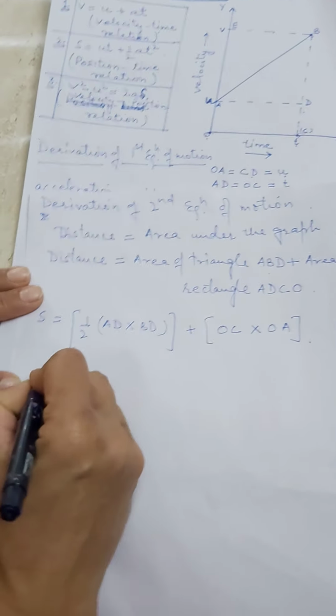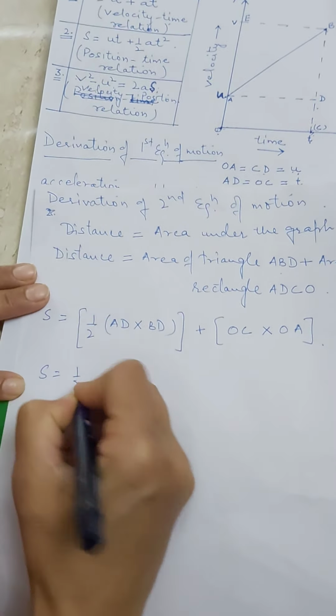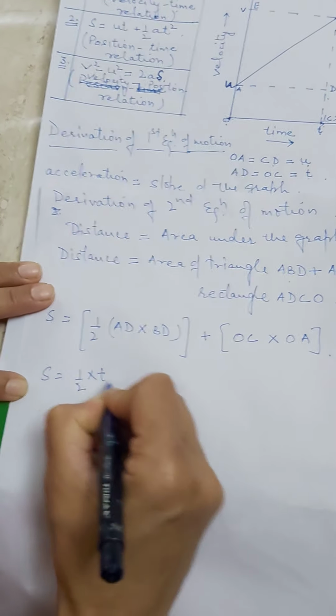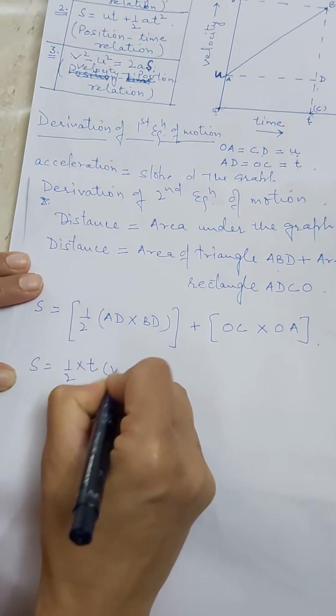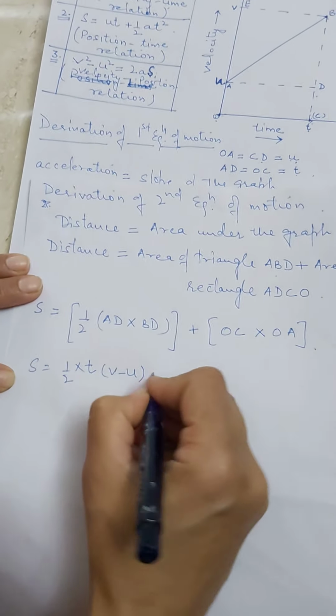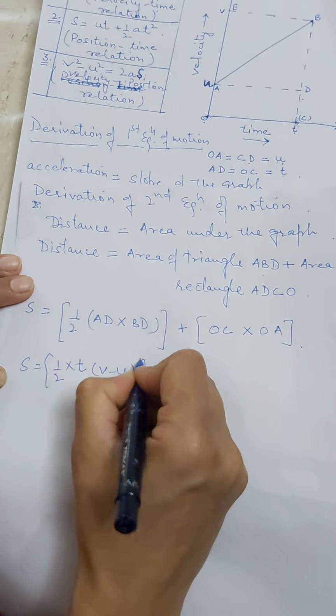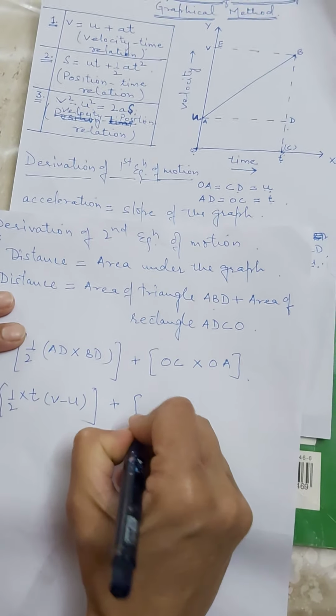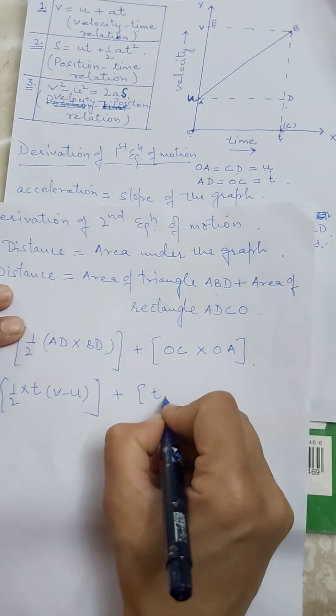So S is equal to half into t into v minus u, plus what is the length? It is t into u.